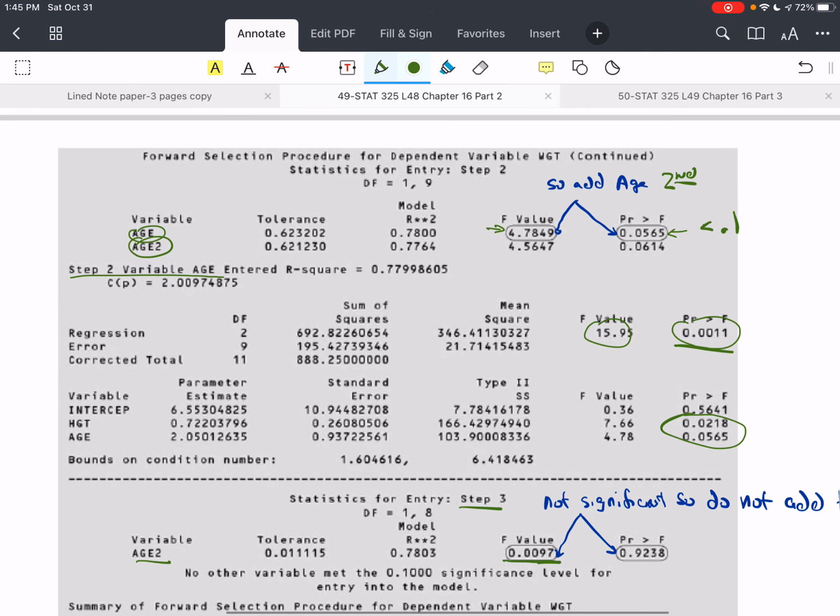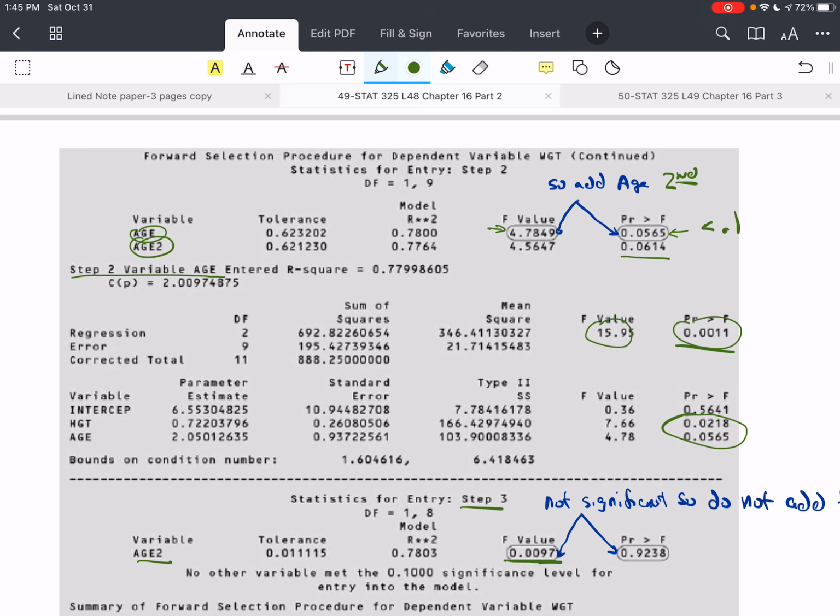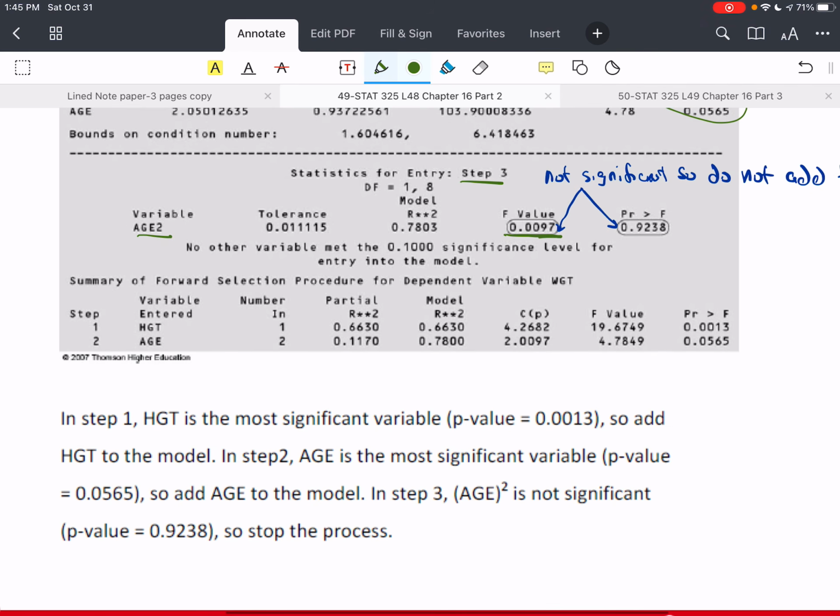Now up here, the p-value was less than 0.1. It was 0.06. So if you're just looking at this, you'd think add both of them. But again, that's a mistake because everything's going to change after you add something else into the model. The whole model changes.